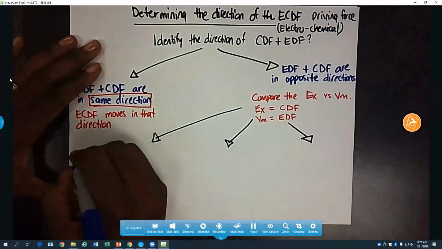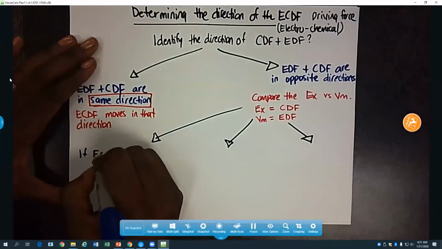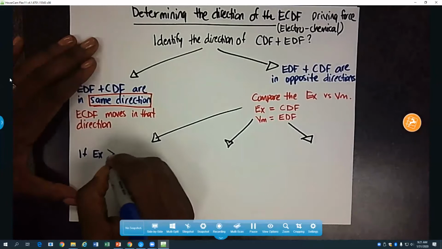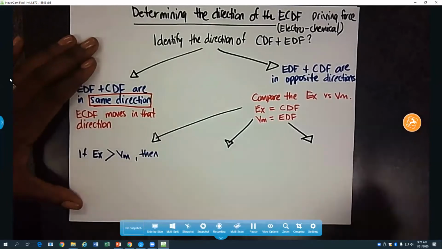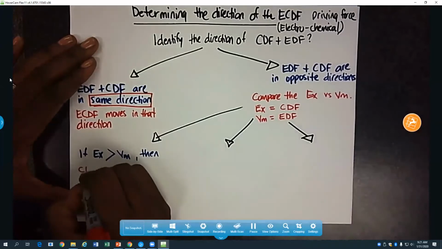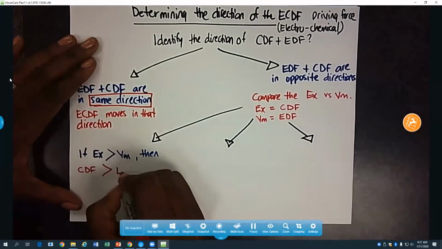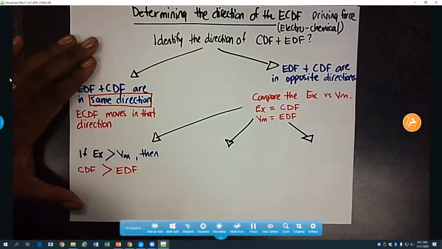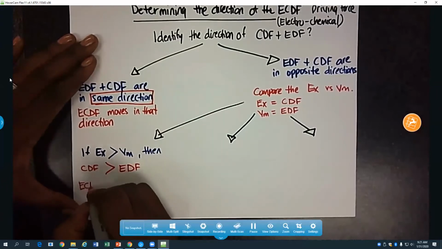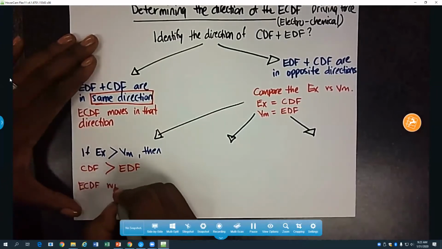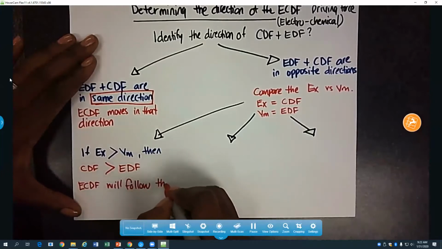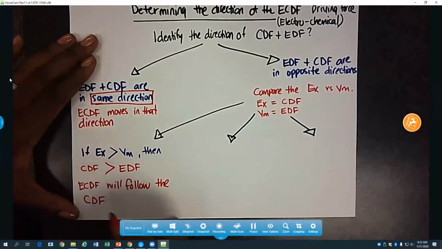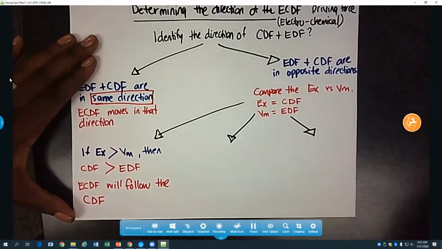So our first scenario, if the equilibrium potential of the ion in question is greater than the membrane potential, then the chemical driving force is greater than the electrical driving force, and the ECDF will follow the chemical driving force.